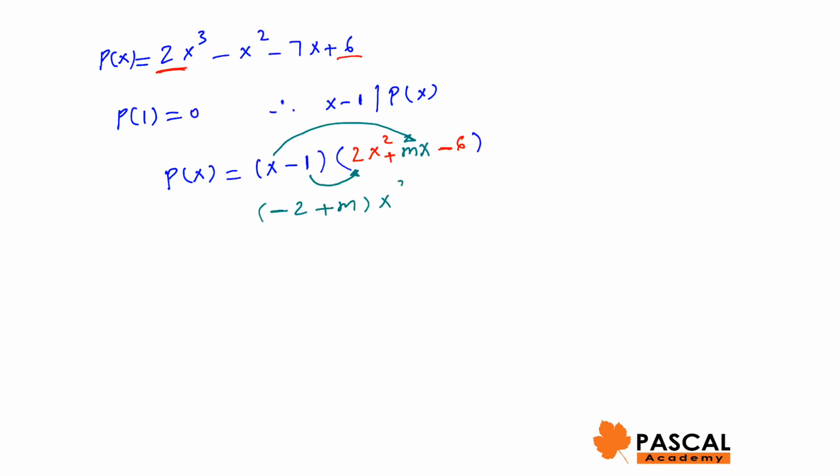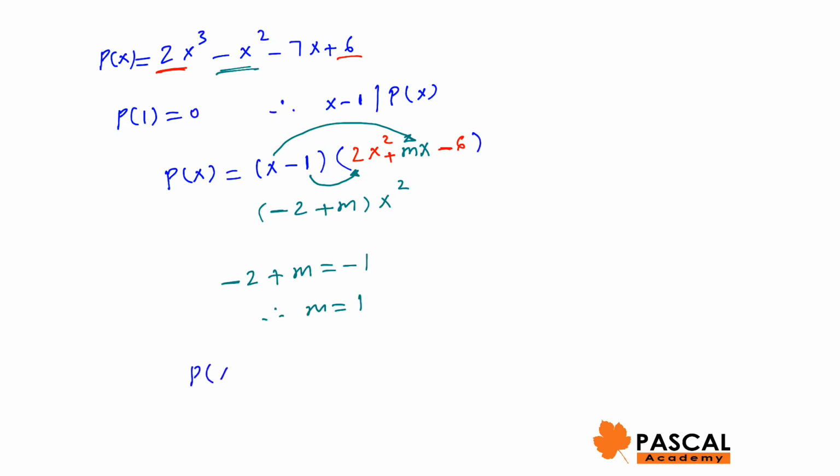The term that contains x^2 is (-2 + m)x^2. The coefficient of x^2 is -2 + m. Since the coefficient of x^2 in the other form of the polynomial is -1, therefore -2 + m should be -1. That means m is 1.